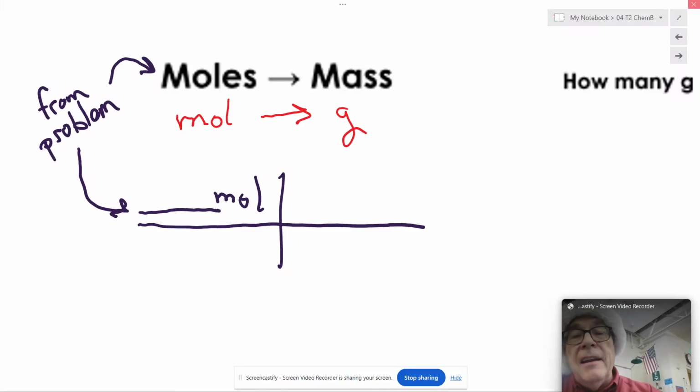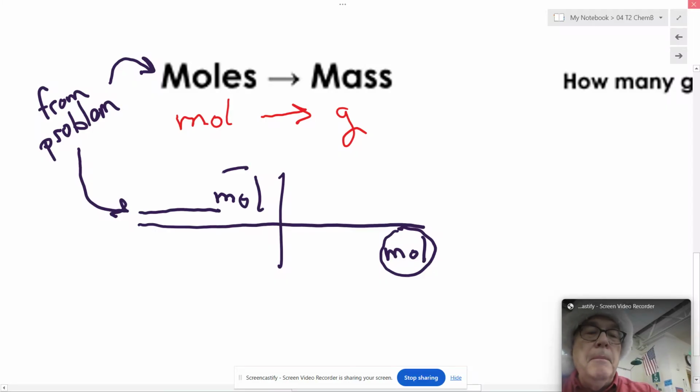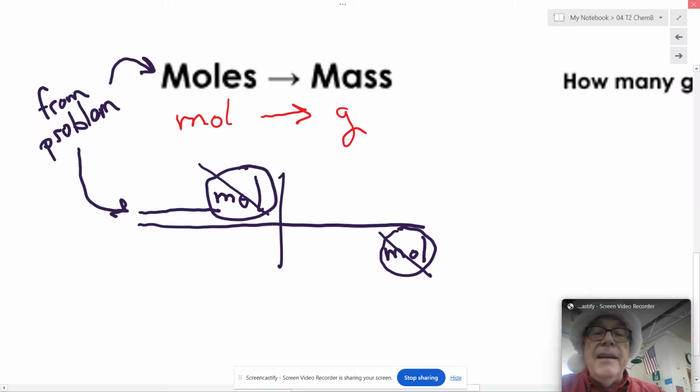And to do that, you're going to want to be sure that the mole unit here is on the bottom and the mole unit here that we're starting with is on the top, because if it's on the top and bottom and it's the same thing, you can factor it out.